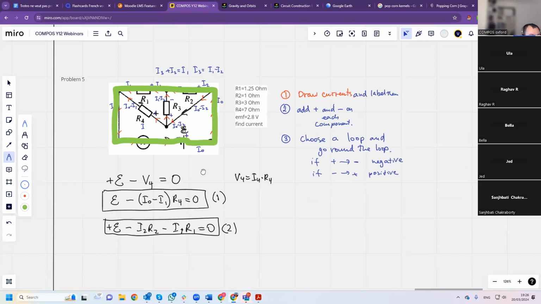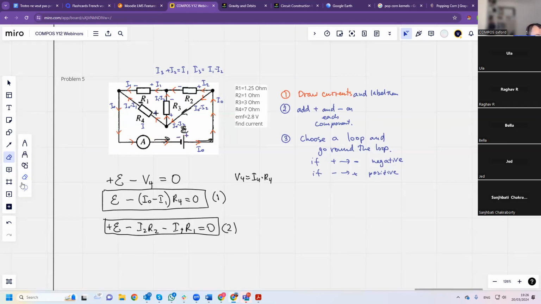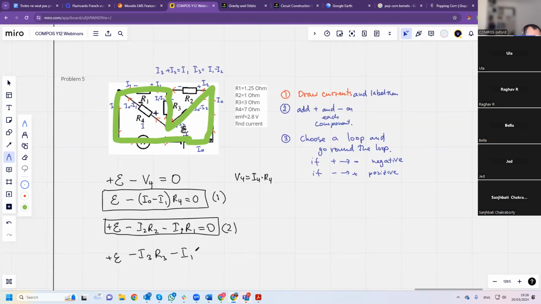So I'm now going to use R3 as well. I'm going to make another loop, and let's go this way. That's going to be plus EMF minus I3 R3 minus I1 R1 equals 0.